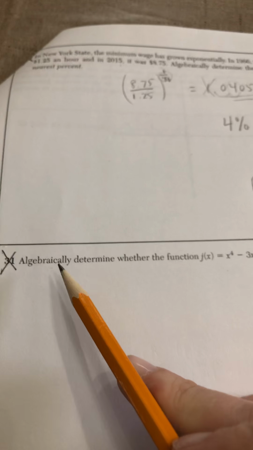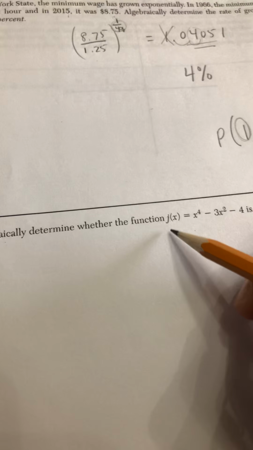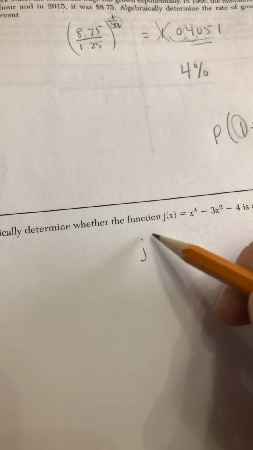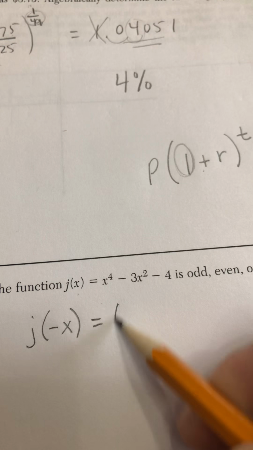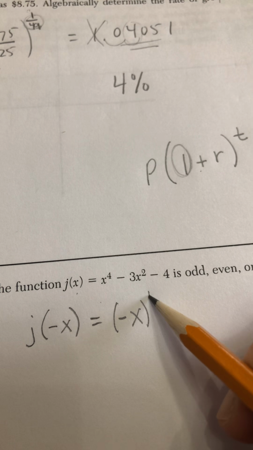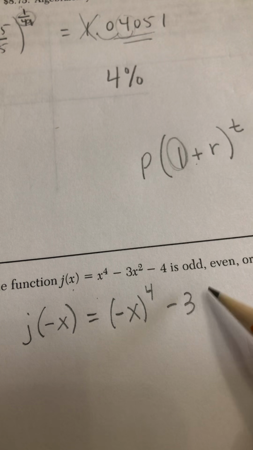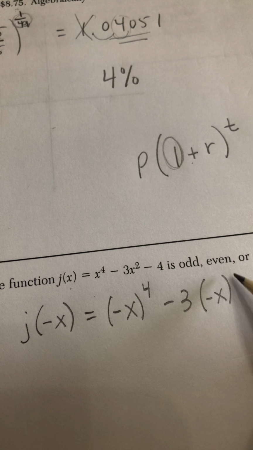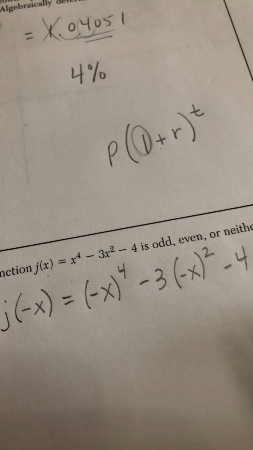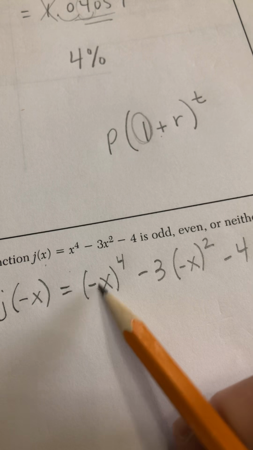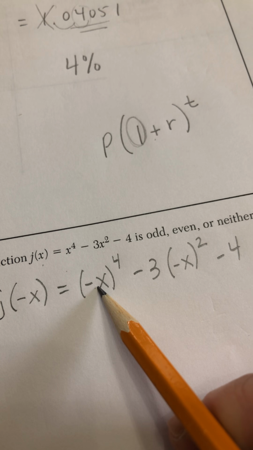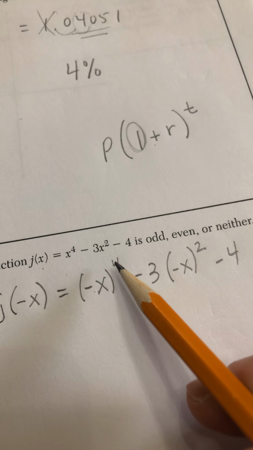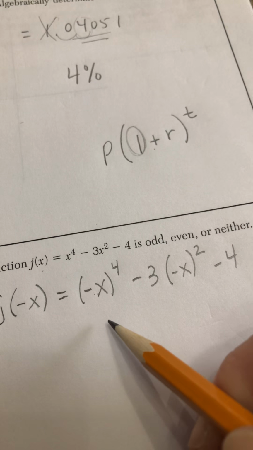But to do it algebraically, what you're going to do is you're going to take this function and you're going to plug in negative x. All right, so everywhere you see an x, I'm going to put a negative x. Okay, now I'm going to evaluate it. Negative times negative is positive, times another negative is negative, times the fourth negative is positive.